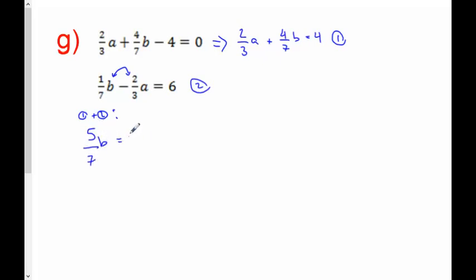And 4 plus 6 is 10. Now I just need to solve for b, so I can multiply both sides by 7 to clear this fraction, and then I would have 5b equals 70. Right, and then just divide by 5. So b is just 14.